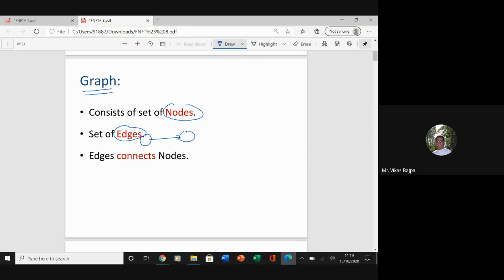Here we'll prefer to use directed graphs. What are directed graphs? Very simple terminology. What are directed graphs?